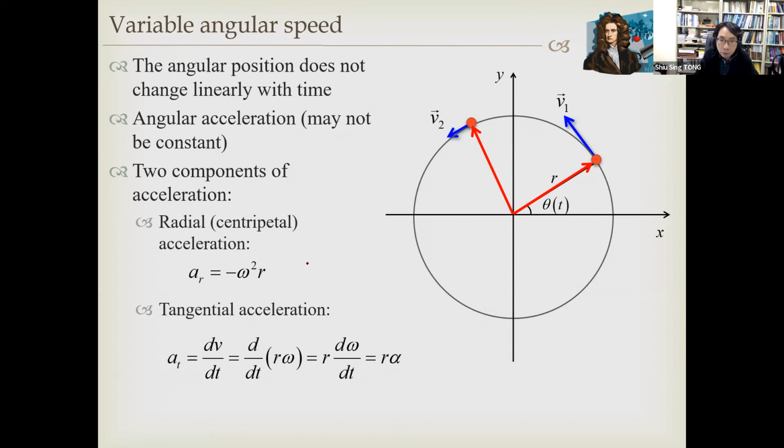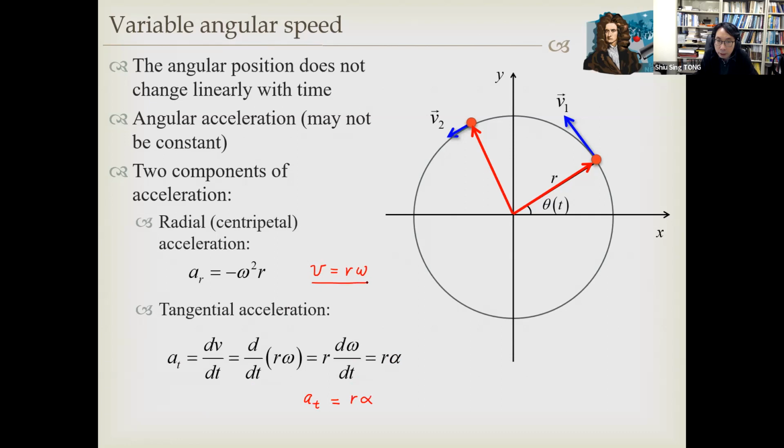Now for the speed, the linear speed and the angular velocity are related in this way, right? v equal to r omega. Now we have the acceleration. The tangential component of the acceleration is also related to the angular acceleration alpha in the same way.